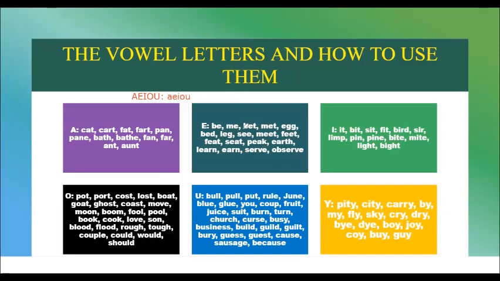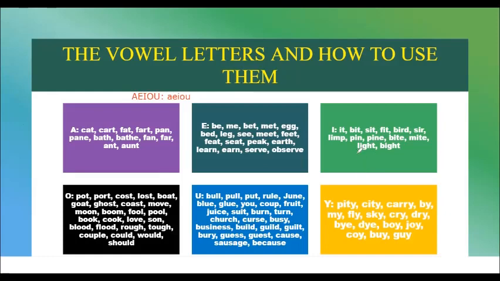So you will discover that there are various varieties of sounds derivable from each vowel letter, and we are going to look at them in greater detail in subsequent lessons. In today's lesson, our focus will be on the first vowel letter, but let's look at them generally.